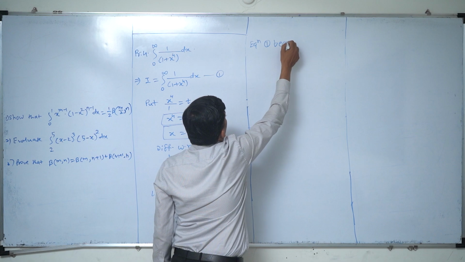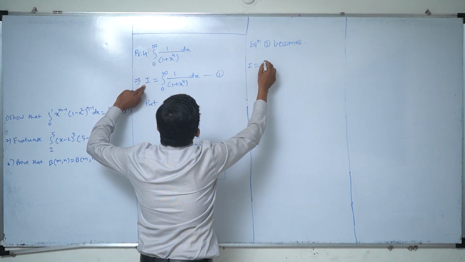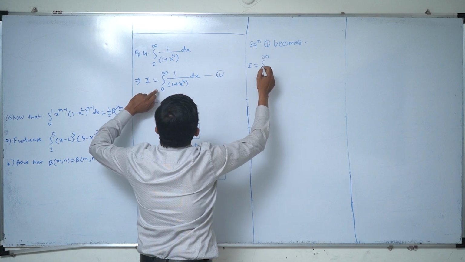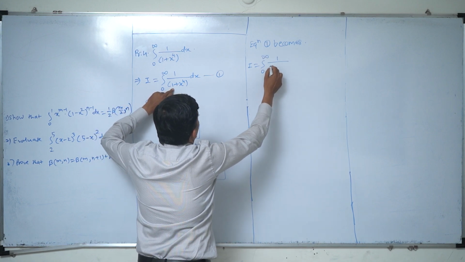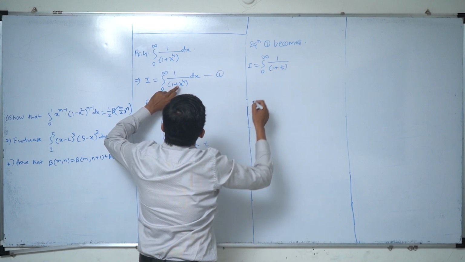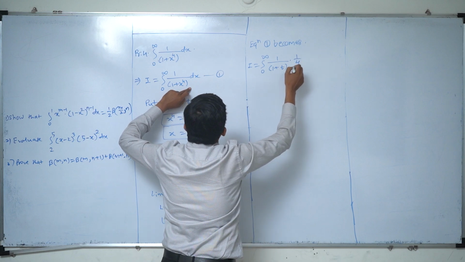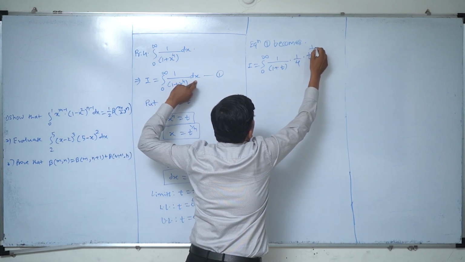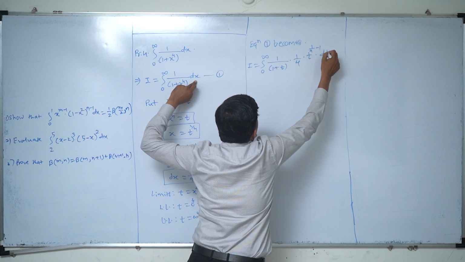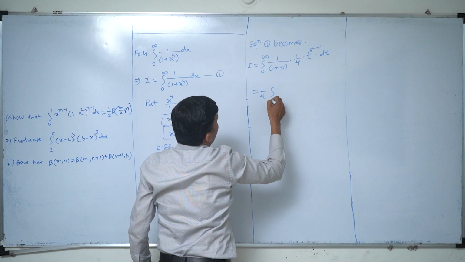Then equation 1 becomes I equals 0 to infinity 1 upon 1 plus t, x raised to 4 is t, into dx. dx is 1 by 4 into t raised to 1 by 4 minus 1 dt. Now 1 by 4 is a constant, you can write it outside.